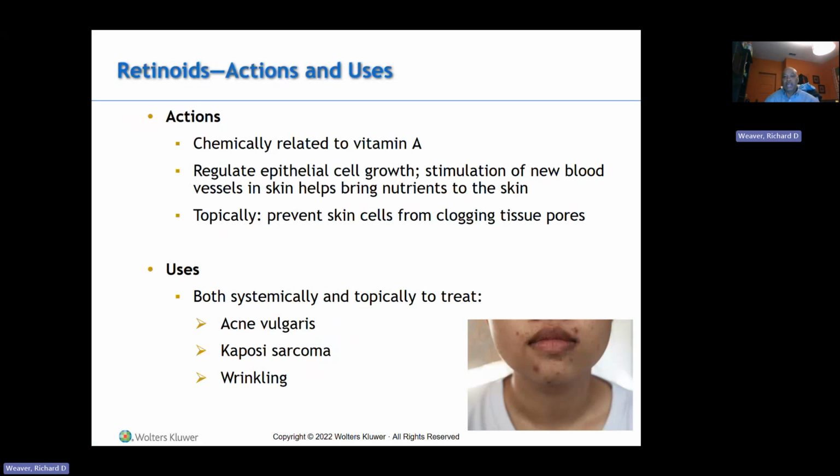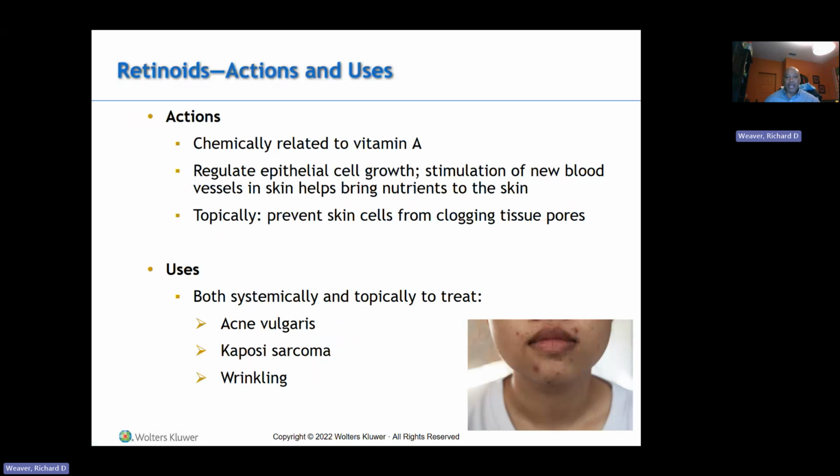And of course, the nutrients brought to the skin by these newly formed blood vessels will help the skin cells to grow. Topically, these retinoids prevent dead skin cells from clogging our tissue pores or facial pores. That's what these medications help to prevent.